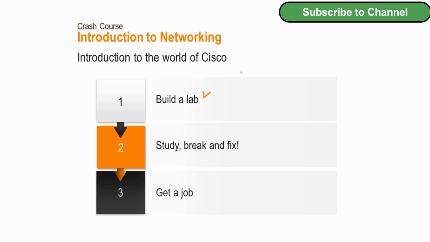You have to have a real network. That's the easiest way to learn. Buy a couple of Cisco devices. It is so cheap to do that on eBay. Play with them. Point number 2: break and fix. The easiest way to learn is to break something, then you have to fix it.